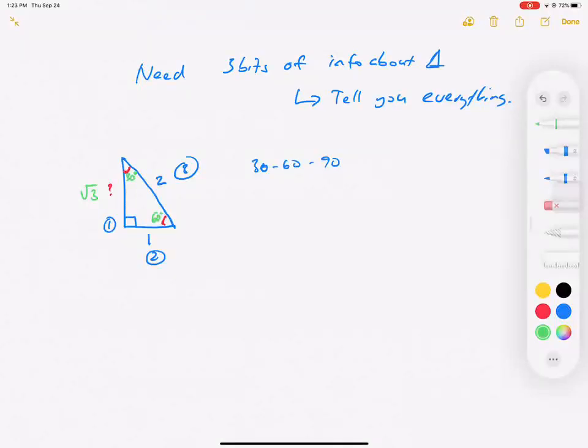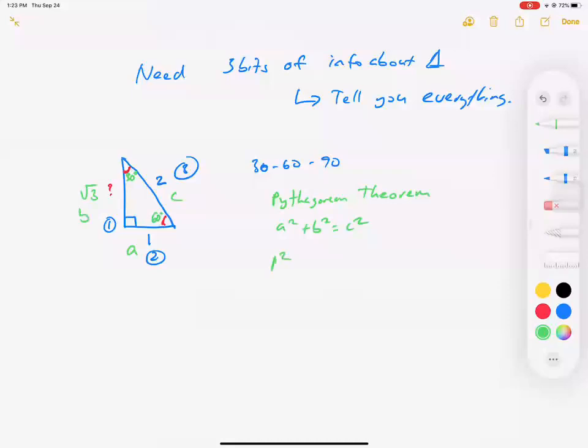If we didn't know that, we could use the Pythagorean theorem. A squared plus B squared equals C squared. Let me write that a little nicer for you guys. So where you can say this is A, B, and C. Just double check.